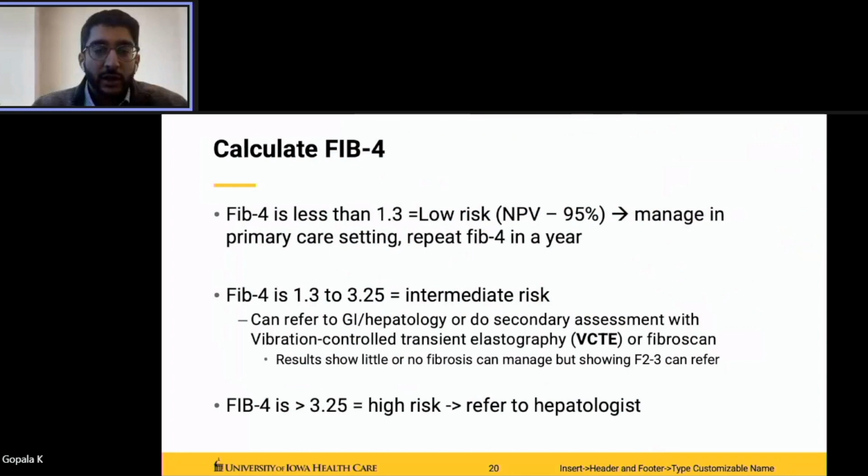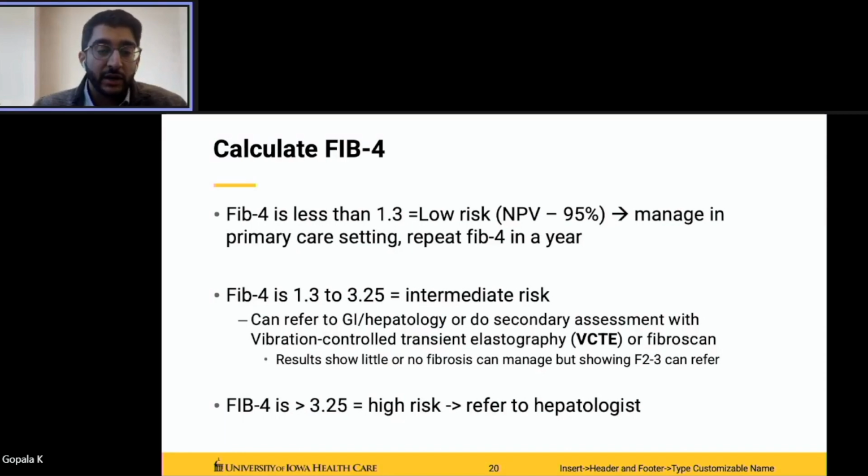So what I generally would say is calculate the FIB4 or NAFLD score. If they're low risk, they can be managed in the primary care setting, and you can repeat the scores in a year. If they're intermediate risk, you can think about referring to GI or hepatology, or you can do a secondary assessment with FibroScan and see what the degree of fibrosis is, if it corresponds with the calculator.